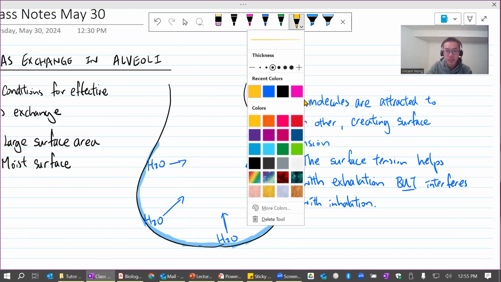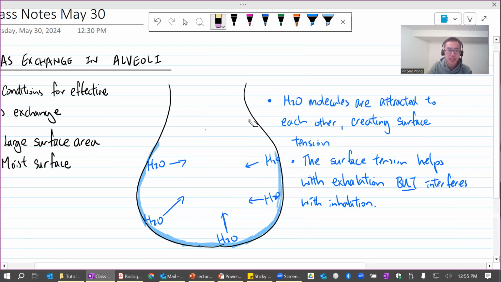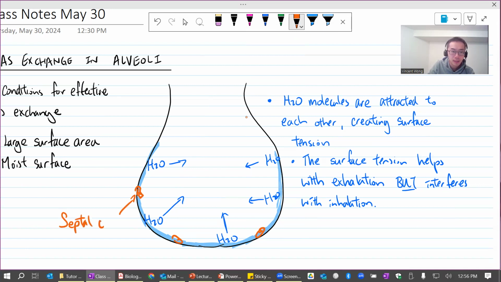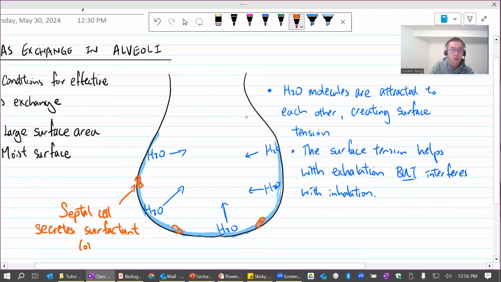So obviously, we have to have a way to counteract these things. There are some special cells here called septal cells. They secrete something called surfactant, which is an oily substance.